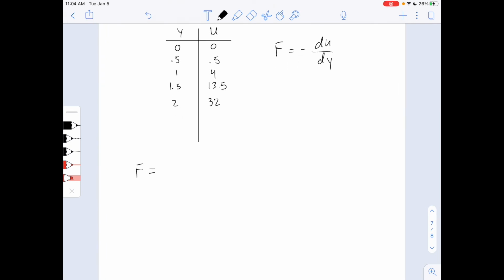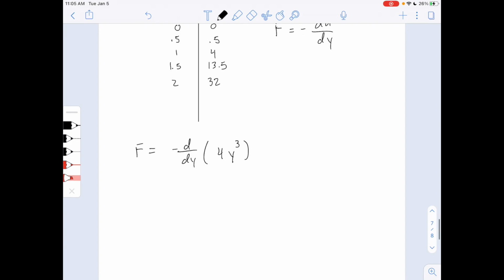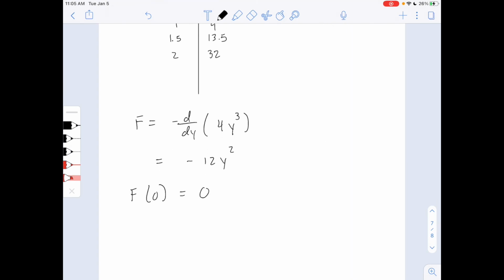But since we know calculus, let's just go ahead and find the derivative. So force is the negative derivative of that function, 4y cubed. And so the derivative of 4y cubed, that's going to be negative 12y squared. We can find the force at each of those points.